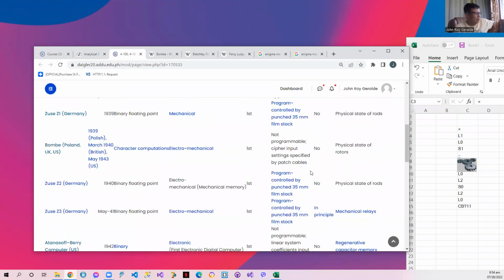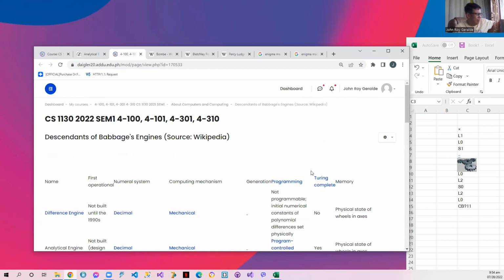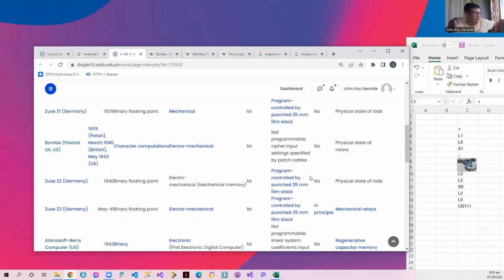So this criteria was defined by Turing when he formulated mathematical models for computing. Now, Alan Turing is the father of mathematical computer science, no, and artificial intelligence.